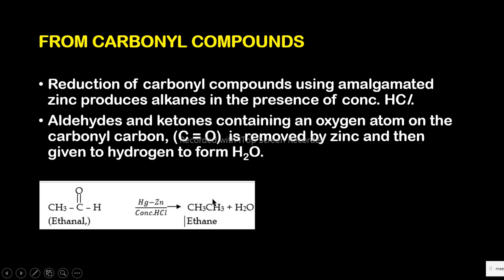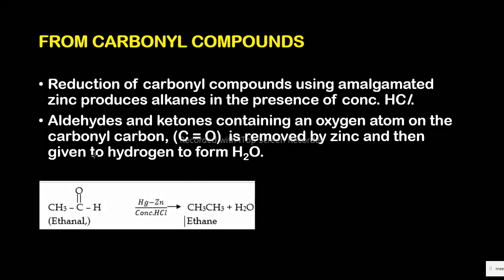Then we shall form our alkane. So aldehydes and ketones contain an oxygen atom on the carbonyl carbon. It is going to be removed by zinc, and then you donate.